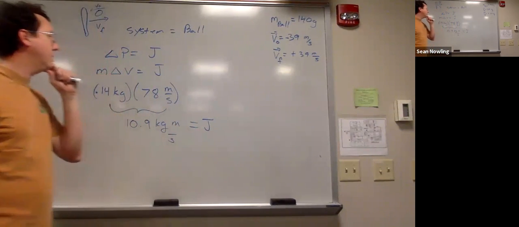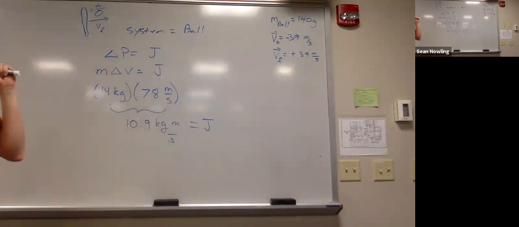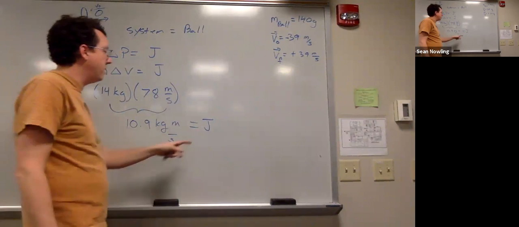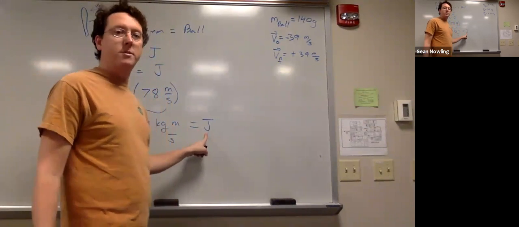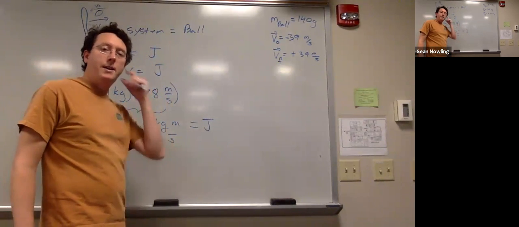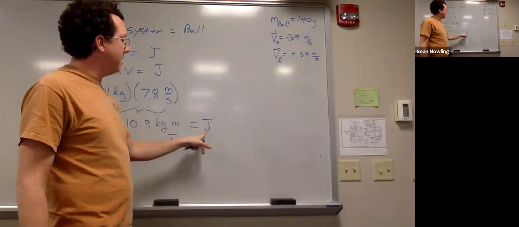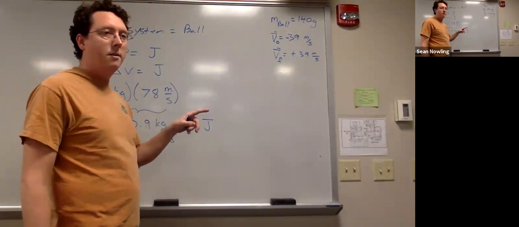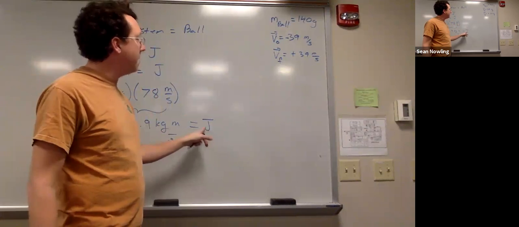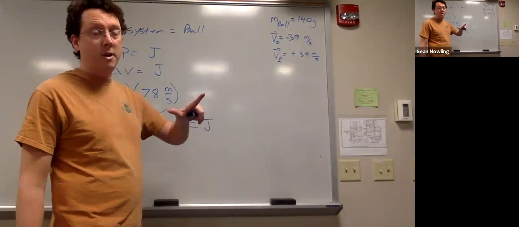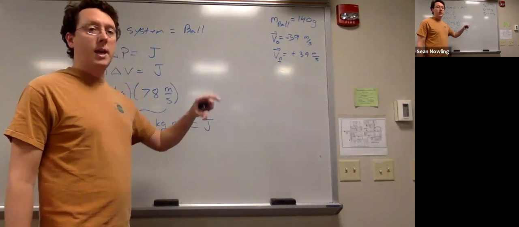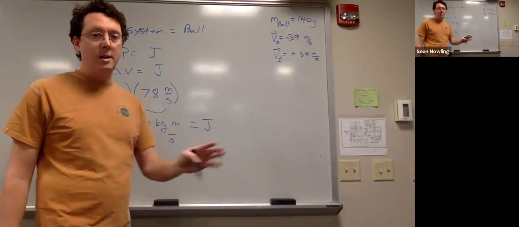But if I want to get some sort of an intuitive feel for it, I don't want to think about impulse because, you know, before today, who the hell heard of impulse? Instead, let's work with forces. And to do that, I'm going to use the fact that the impulse equaled the area under the force time graph, or it's equal to the average force times the time interval.